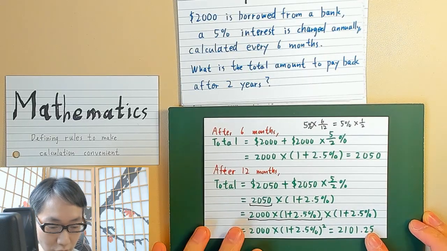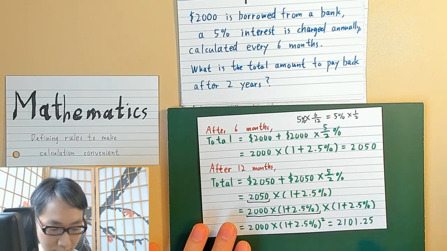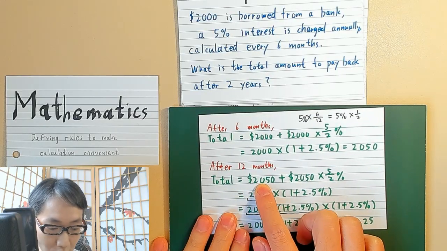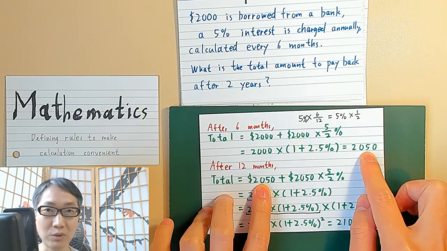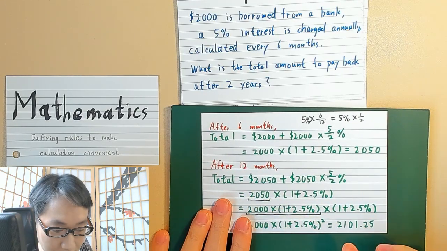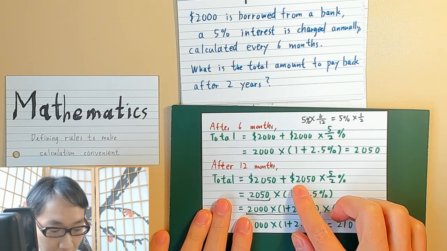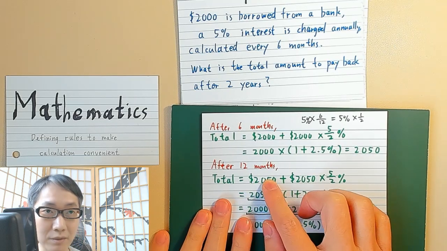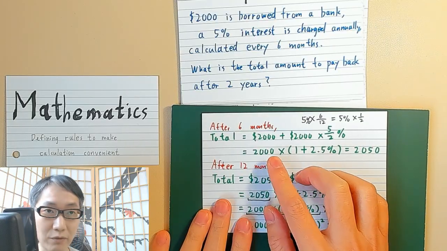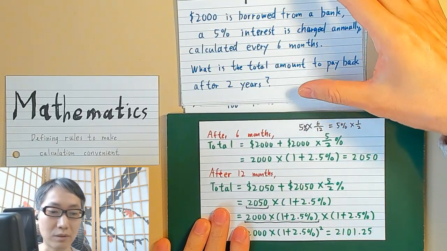So after 12 months, how about that? When calculating, now the total amount owed is 2,050, because it's calculated. So this is the total amount, and the interest will be based off this amount. The interest calculated will be based off 2,050 instead of 2,000.